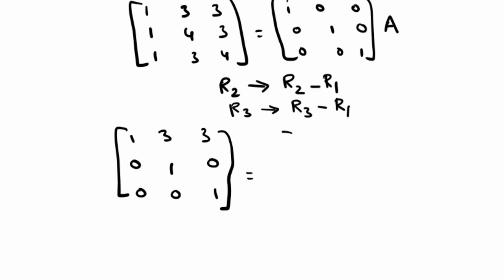Coming to the right side identity matrix, for the identity matrix also we will do the same row transformations.